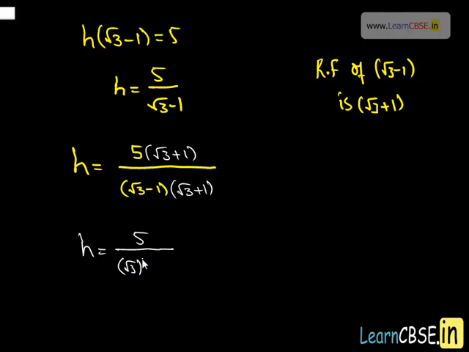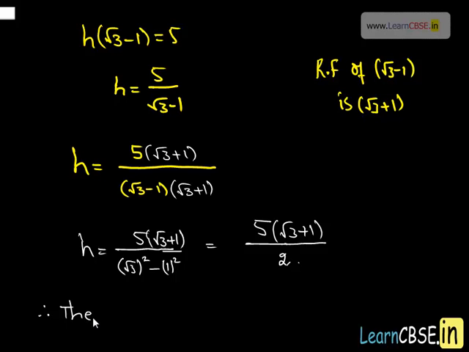So we have under root 3 whole square minus 1 whole square, which is equal to 5 upon 3 minus 1, and in the numerator we have root 3 plus 1. So we have 5 times root 3 plus 1 divided by 3 minus 1, which is 2. Therefore, the height of the tower is 5 times under root 3 plus 1 upon 2.